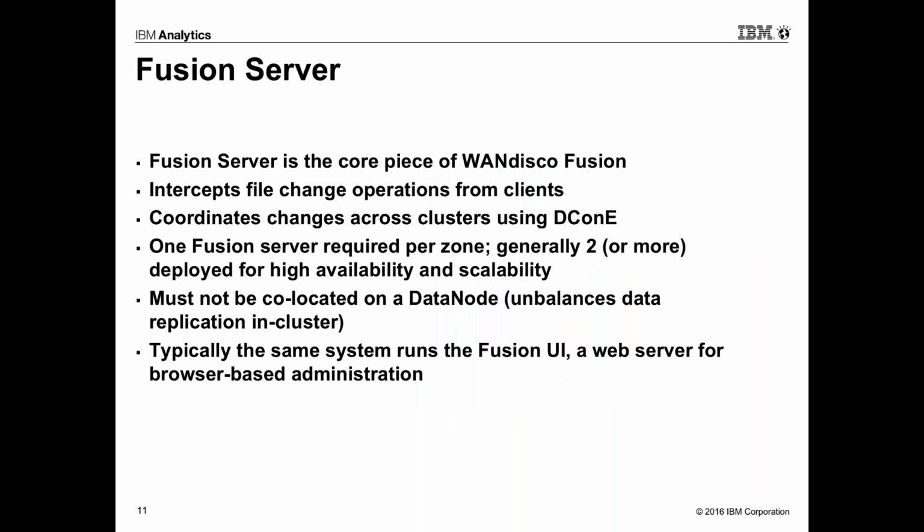So let's start with Fusion Server. Fusion Server is essentially the core piece of WANDisco Fusion. What it does is it intercepts file change or any kind of write operations from clients, whether somebody wants to copy a file to a certain directory in the file system, or data is being streamed into the underlying storage system, whether it's HDFS or any of the HDFS compatible file systems.